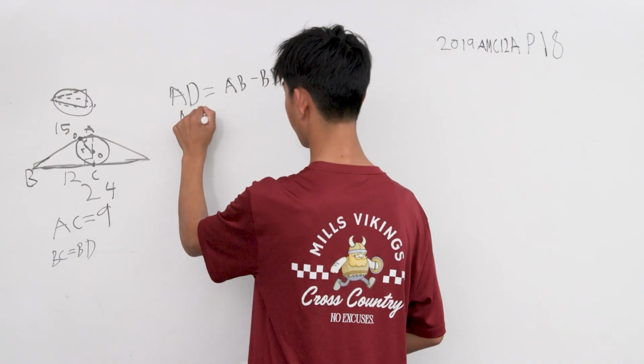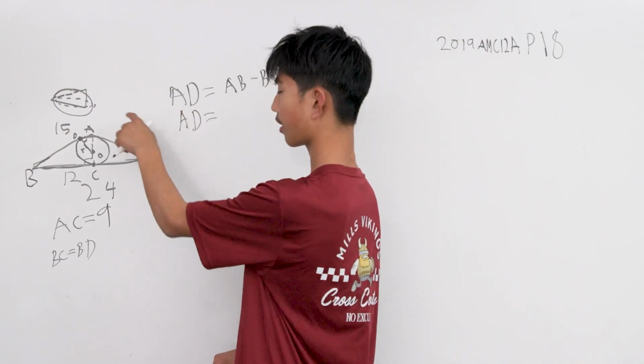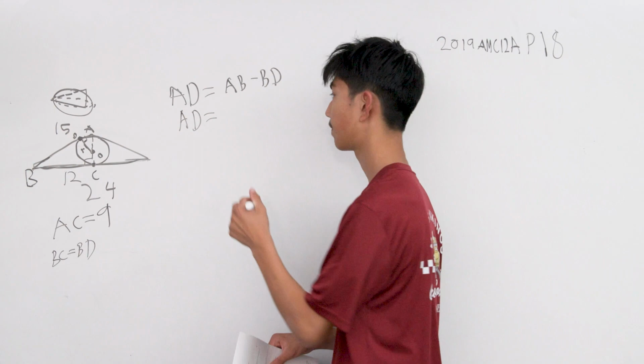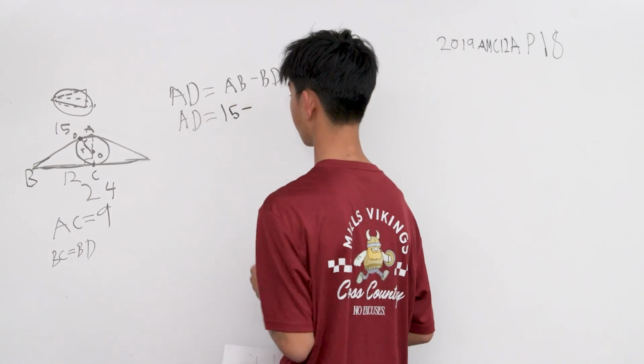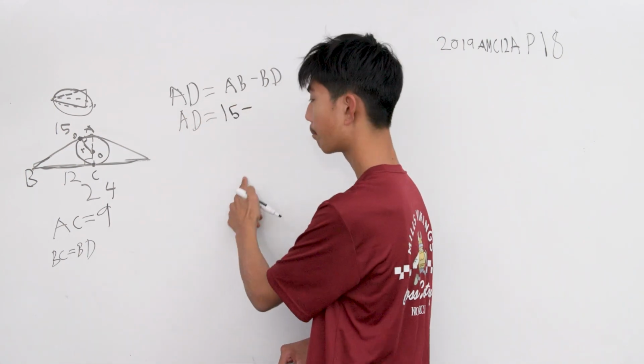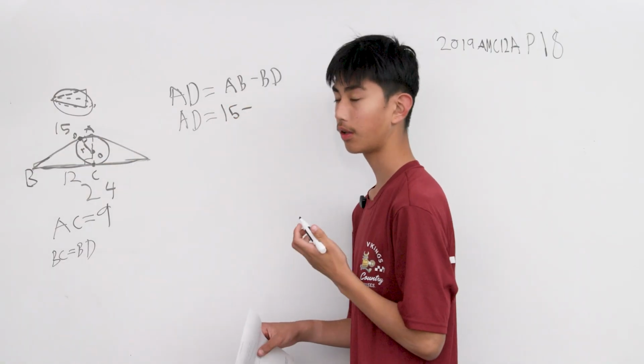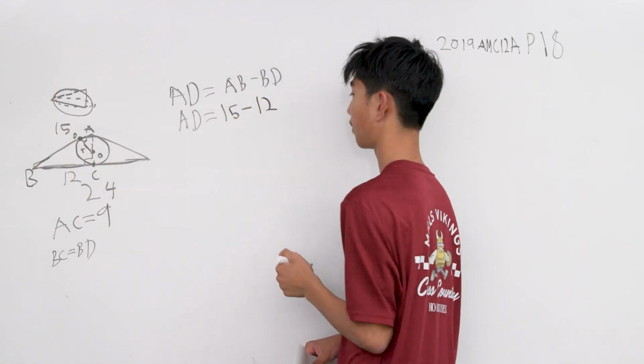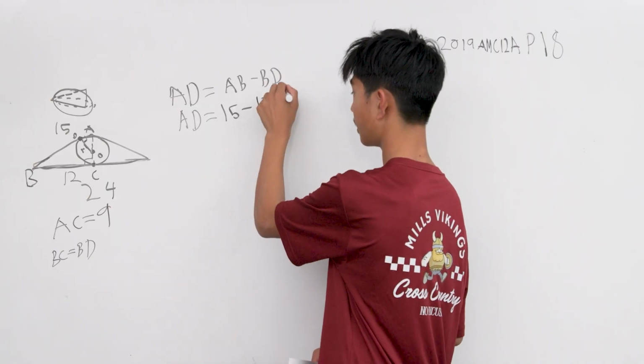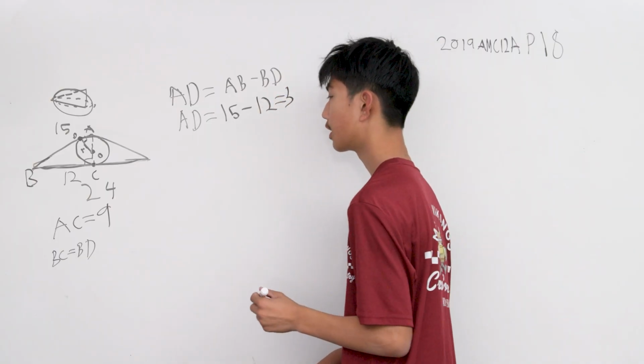Plugging in values, the total length of the slant AB is 15, and we subtract 12, because BC is BD. Since BC is 12, we subtract 12 from 15 to get that AD is 3.